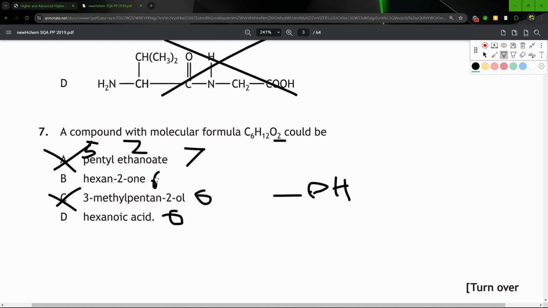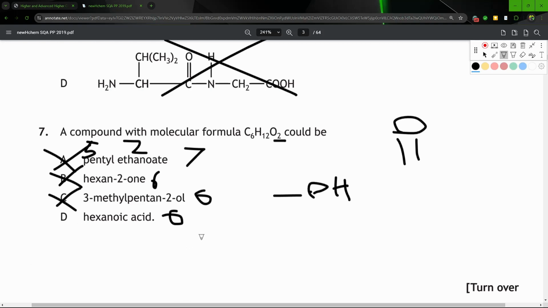And the same principle applies for the ketone, the hexan-2-one. The 2-one applies, we have a double bonded oxygen, and it doesn't say dione or anything weird. It just specifies that we have one double bonded oxygen, and we clearly have 2. So B's out as well, which means it has to be hexanoic acid.